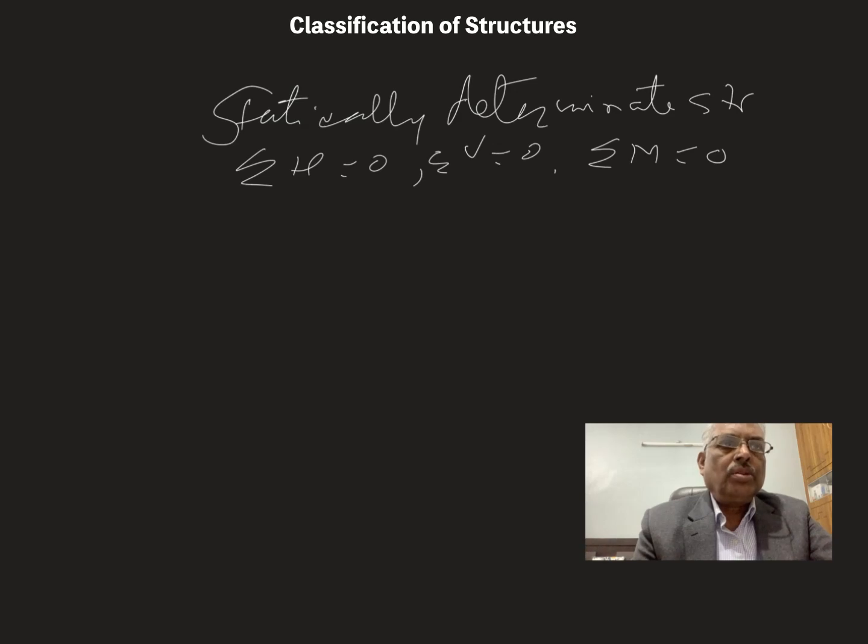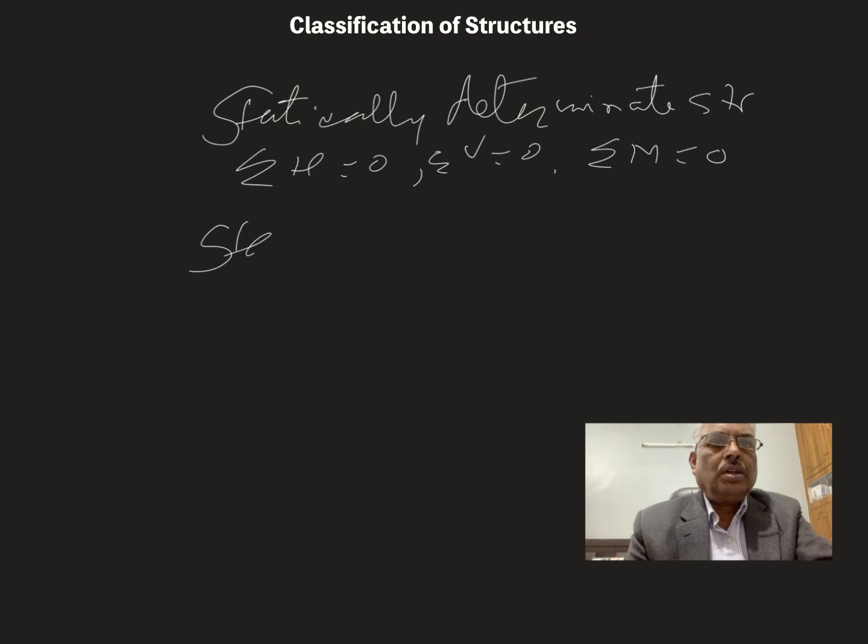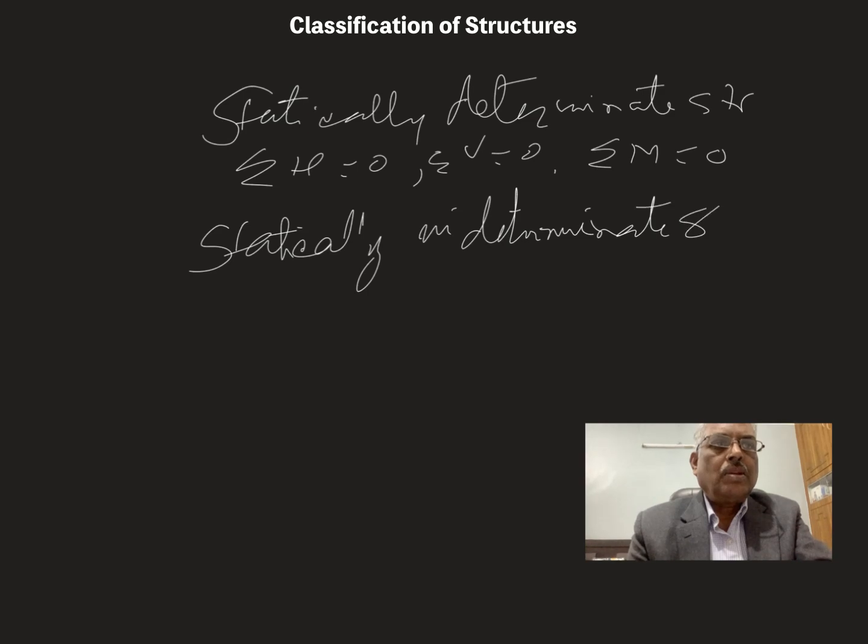When there are more than 3 unknowns, then that type of structure is called a statically indeterminate structure, where more than 3 equations are required.